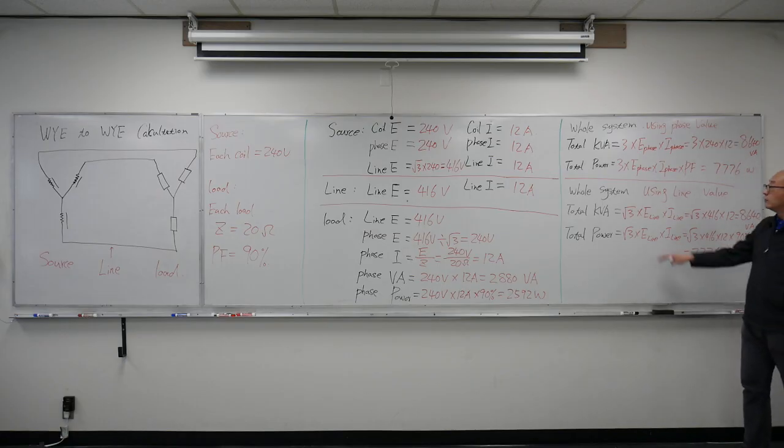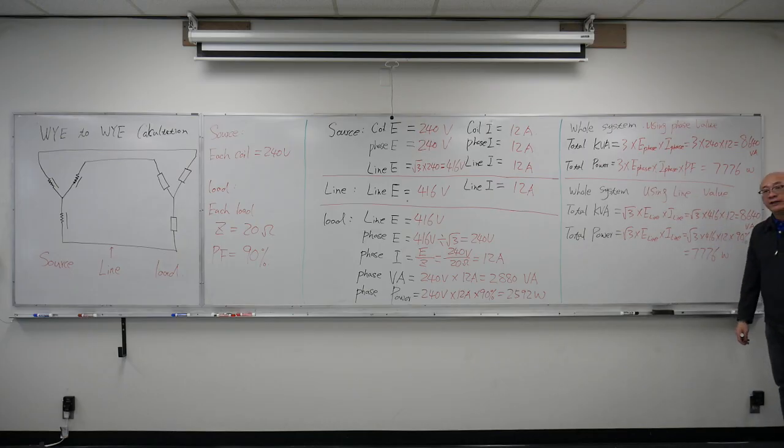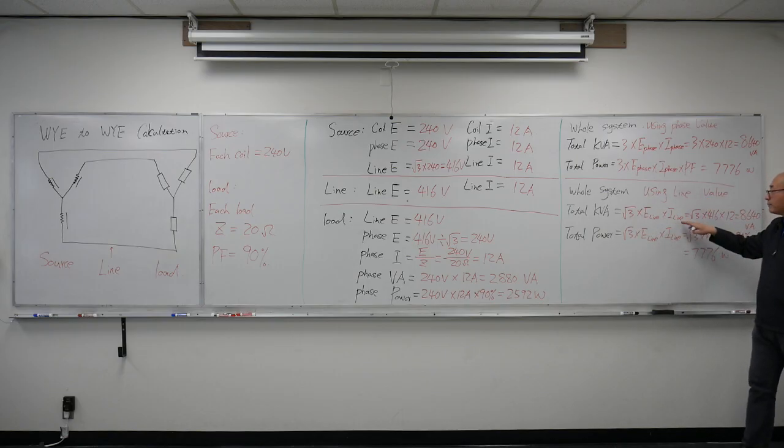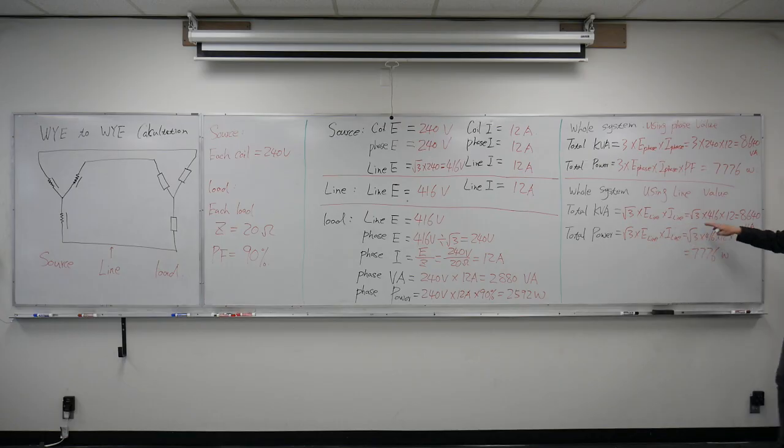I can also use the line value to calculate my total VA and power. Using my line value, it will be √3 times E line times I line. So √3 times 416 volts, my line voltage, and 12 amps, my line current, gives me almost the same value, 8640 VA.